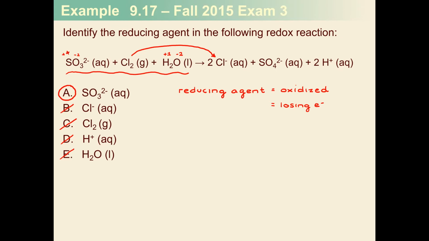When we go to the other side and look at sulfur in my sulfate, our oxygen is still going to be -2, but now because we've added another oxygen, our sulfur is now going to be +6. So in the case of sulfur, to go from +4 to +6, remember that becoming more positive means that you are being oxidized.